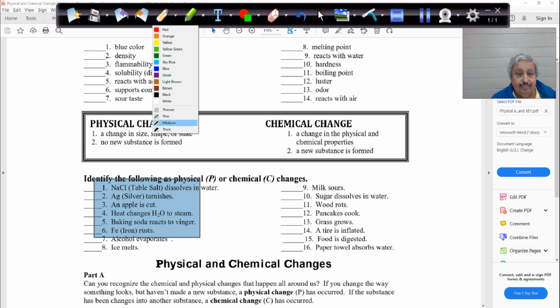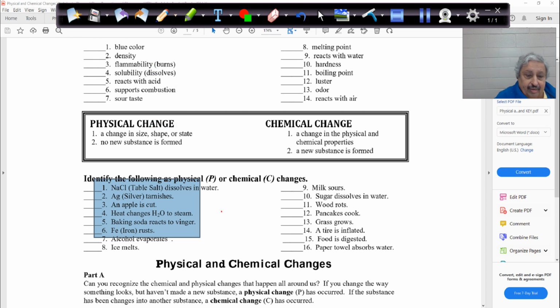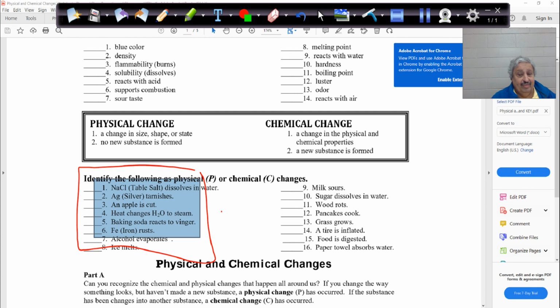We finished, I think, all of this here. Correct. So let's finish here. Milk taste is changing. It's sour. So what will be chemical or physical? Chemical, because that cannot happen by itself. It has to happen through a chemical reaction.